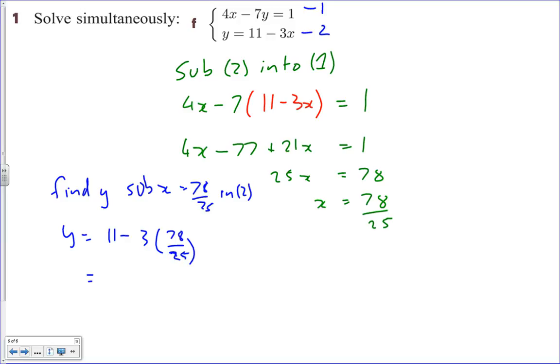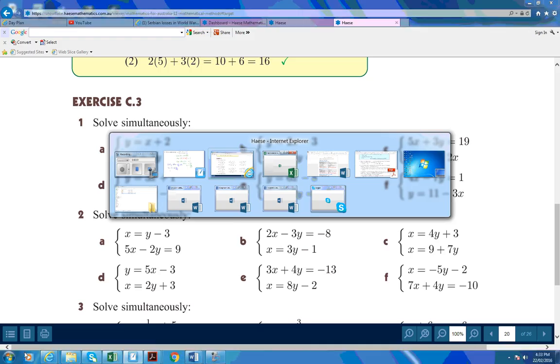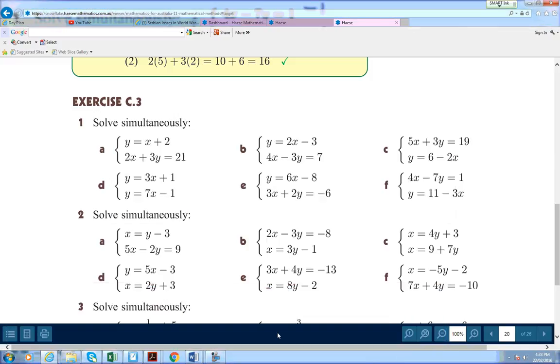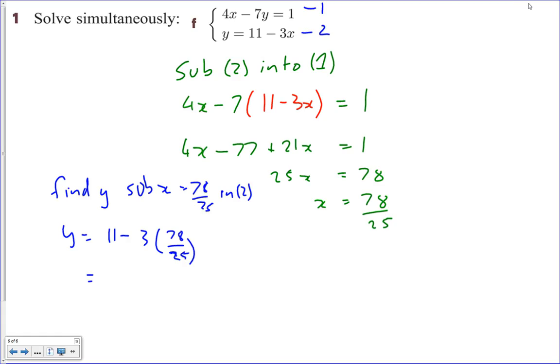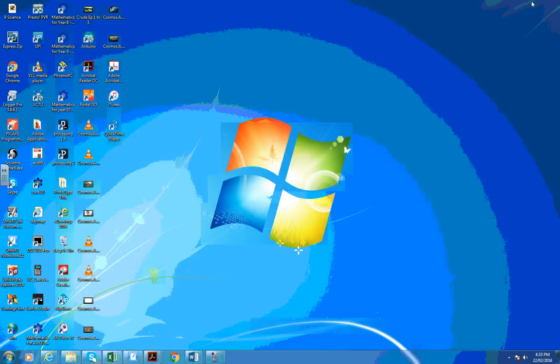So equals, grab my calculator, it has been closed. So let me just grab that out. Hang on, 2 ticks.